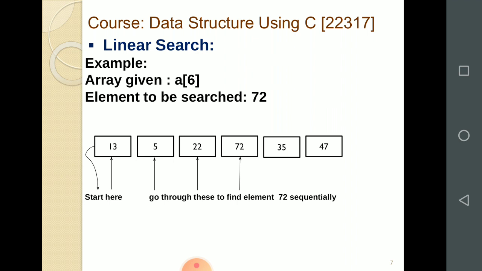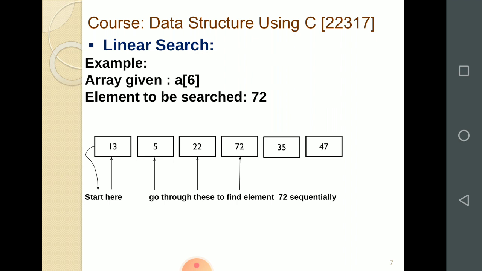We have to go through each and every element, starting with the first element, which is at the 0th position of the array. So 13 is at the 0th place in the array. We start the search from 13 and go through the list sequentially. Keep in mind that we are doing a linear search.